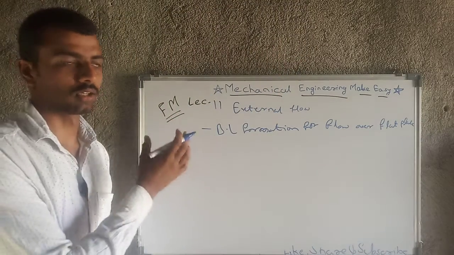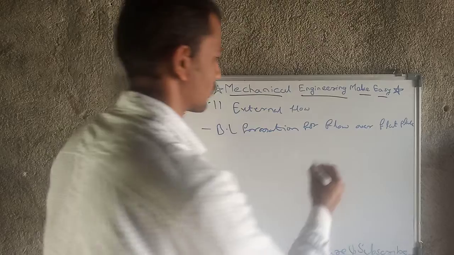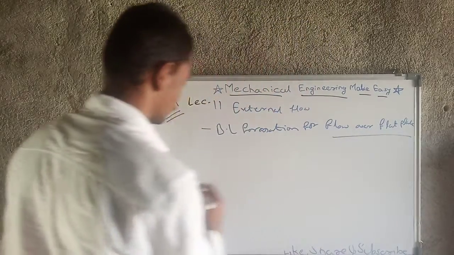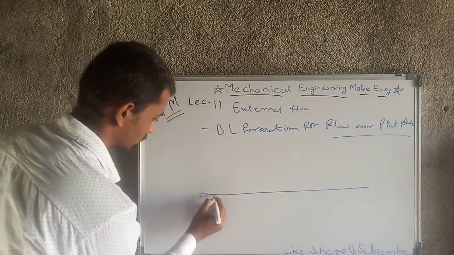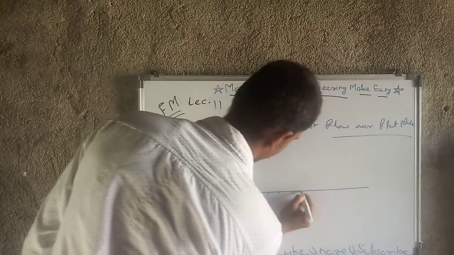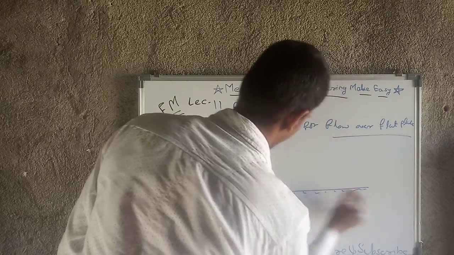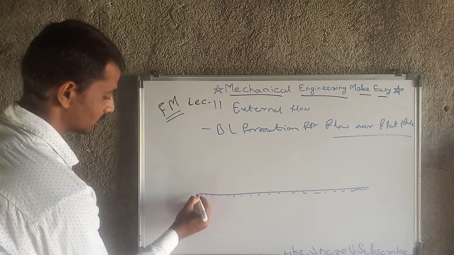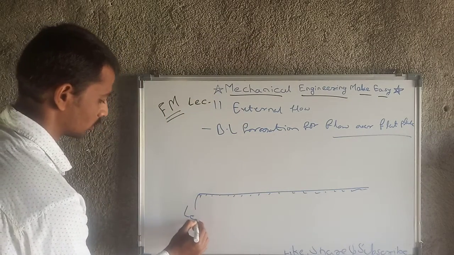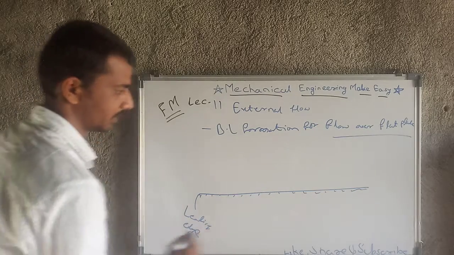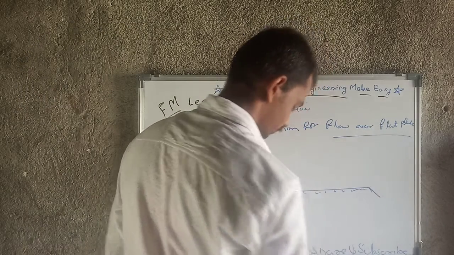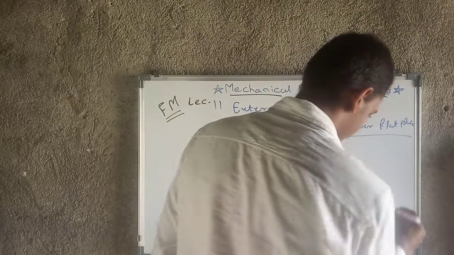I am considering one example, that is flow over a flat plate. Assume this is one plate, and the flow is flowing over it. This is the leading edge. This is the trailing edge.